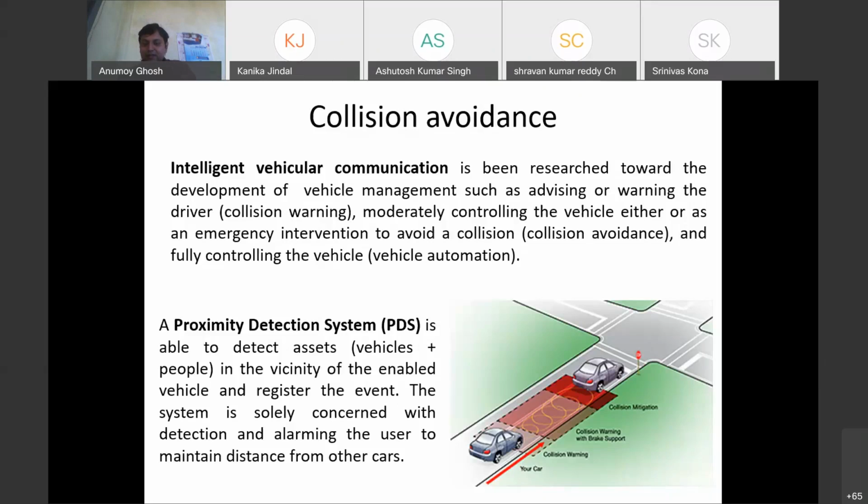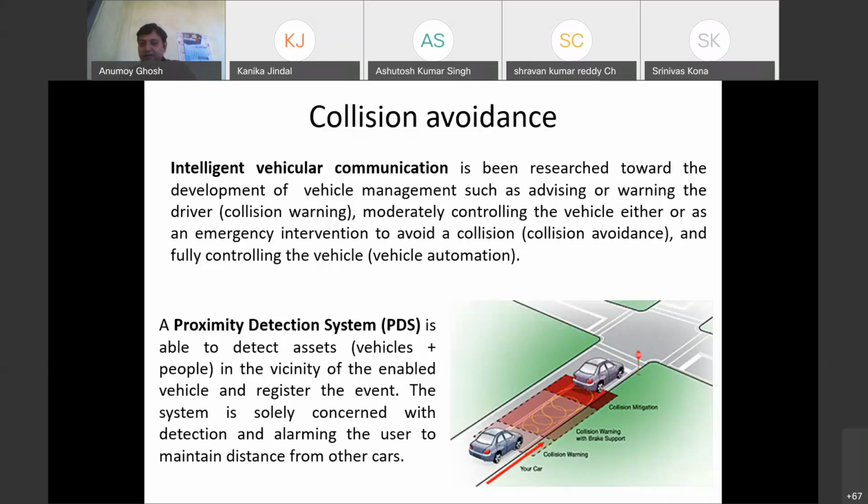So see here there are three ranges. This is another smarter technique where the RFID will be programmed in such a way that if the car comes to this red region, there will be collision mitigation, where the speed breaker will automatically come into force. If it comes to this pale red region, there will be a collision warning with brakes up.